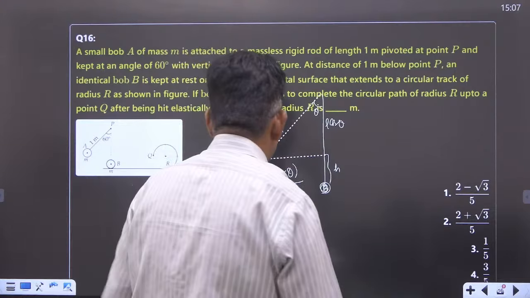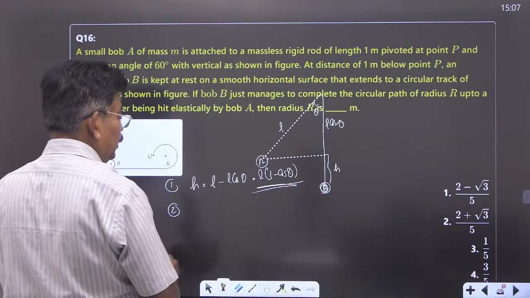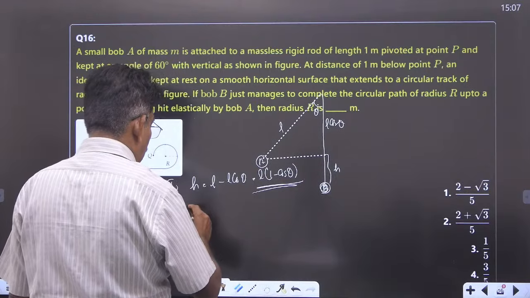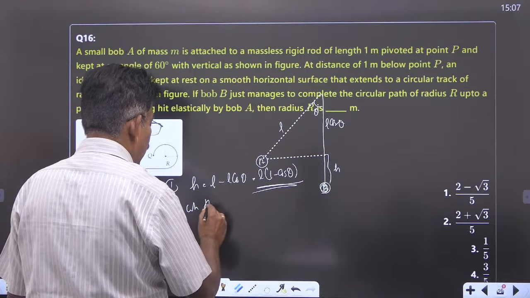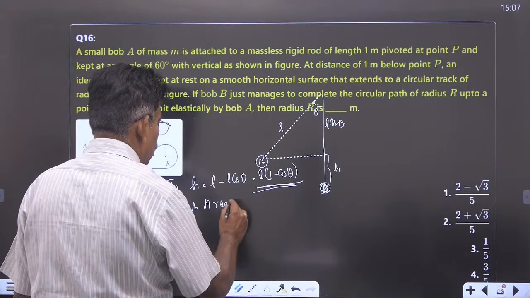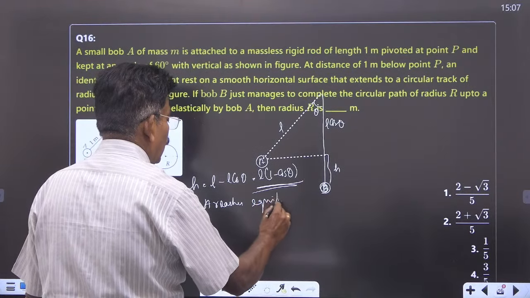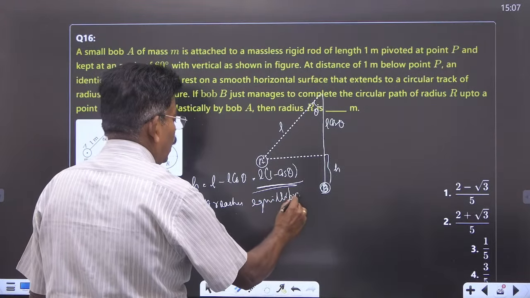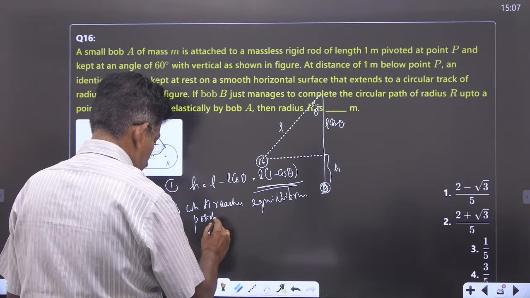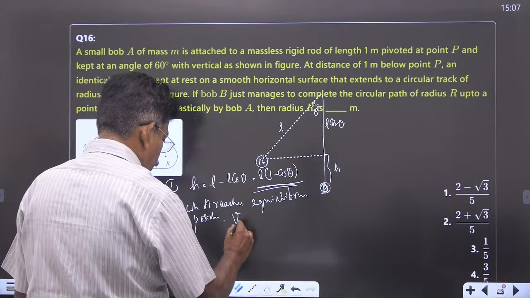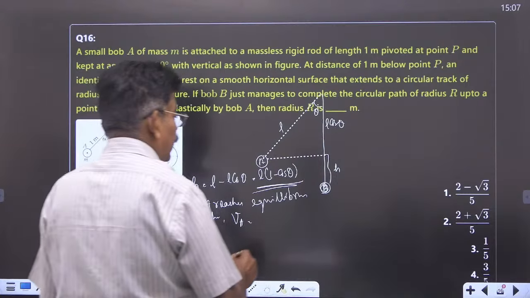Number two, on releasing it, when A reaches the equilibrium position, its velocity at the equilibrium position is found by equating the energy.